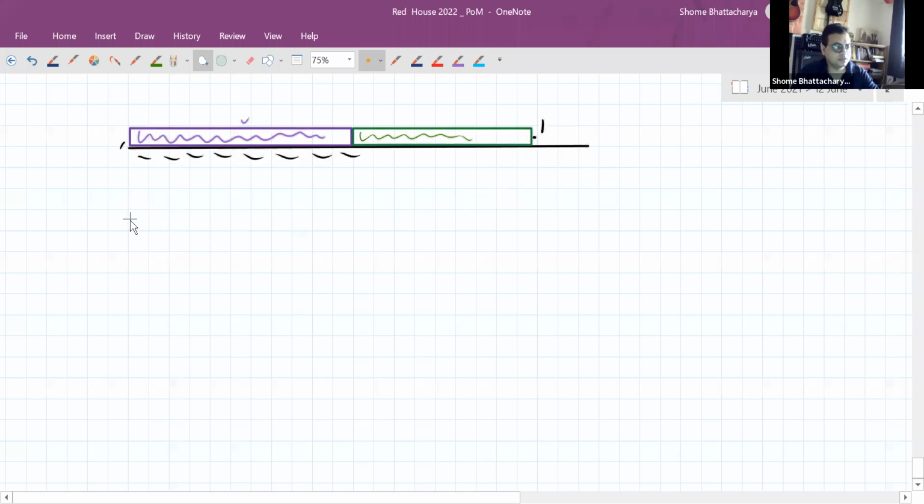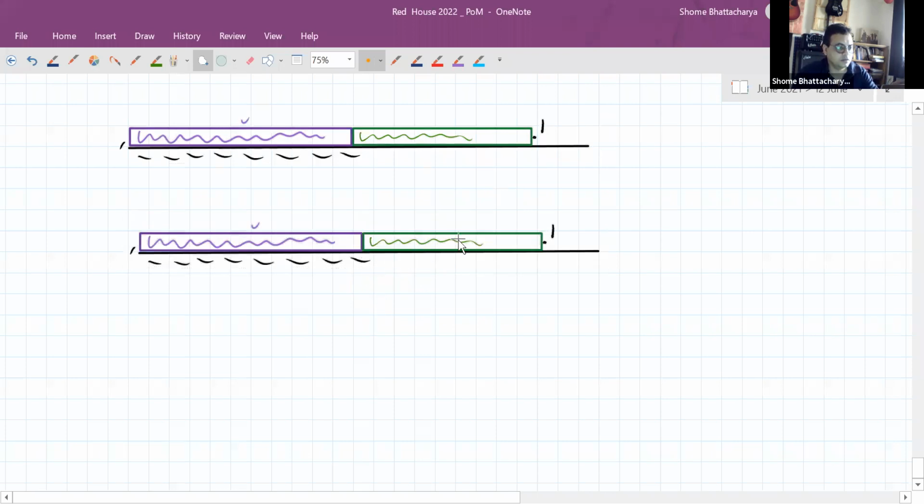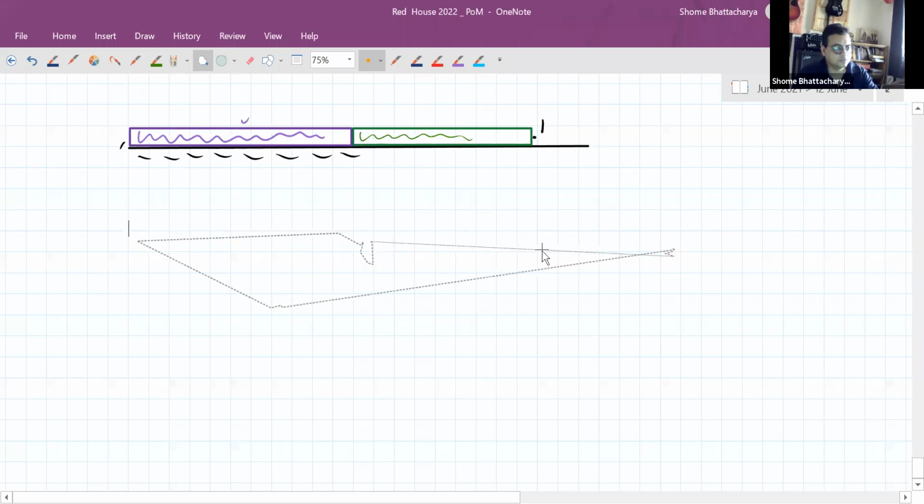Now from this state, we want a situation where what is happening is something like this. Just a moment, we'll get back to that.